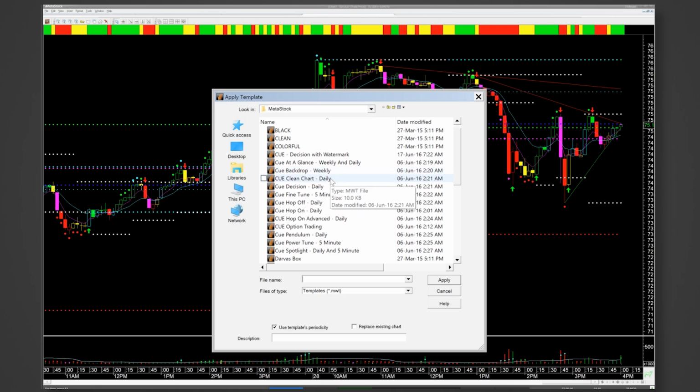And meanwhile, I look through my system. We have covered at a glance, that is weekly backdrop and daily backdrop together. We have covered backdrop. We have covered clean chart. The clean chart I was going to show is just a clean chart with candles, and it has the memory line and some additional lines, which is called the watermark. There is a blog that I posted recently on the Superior Profit blog. It is accessible through the home site www.superiorprofit.co.